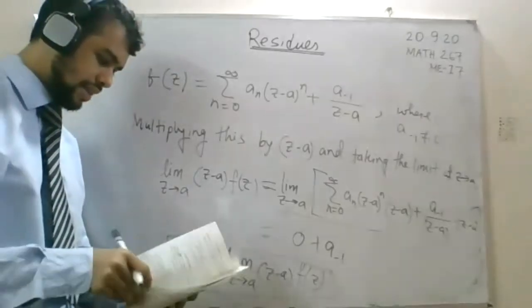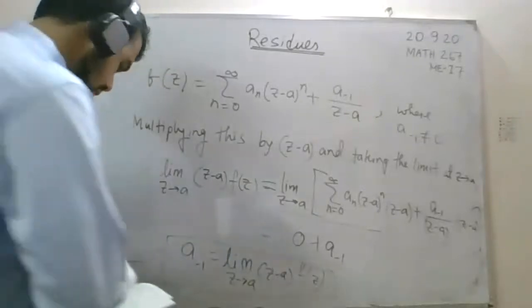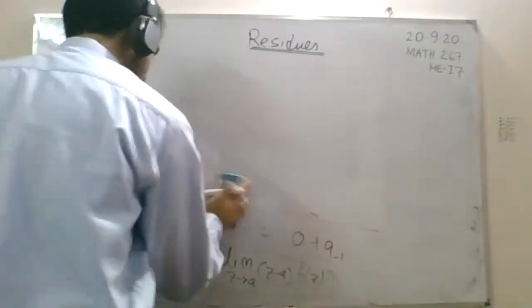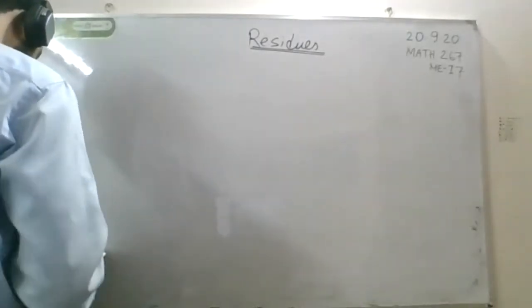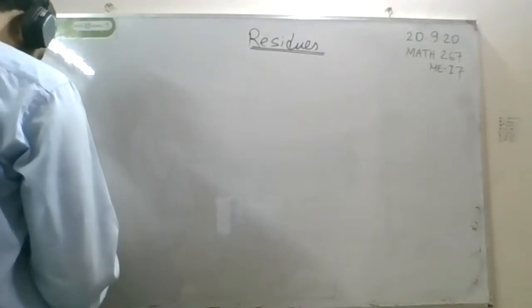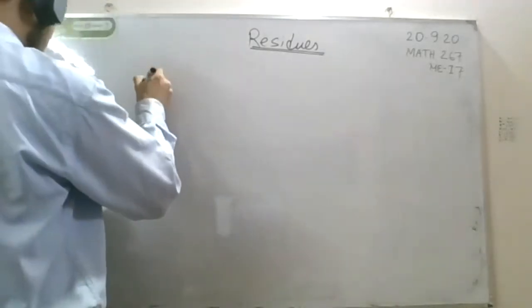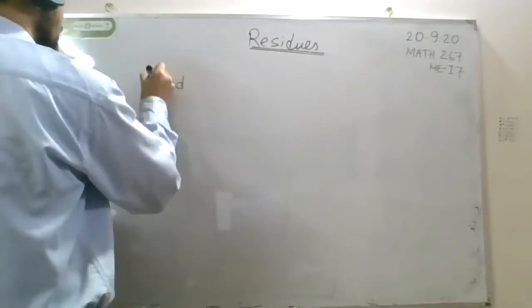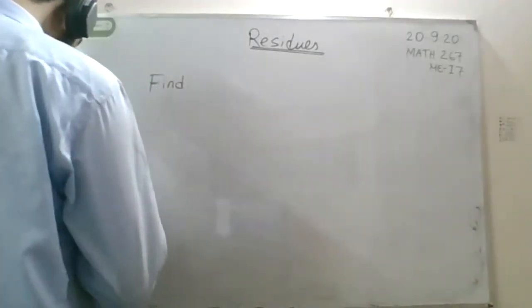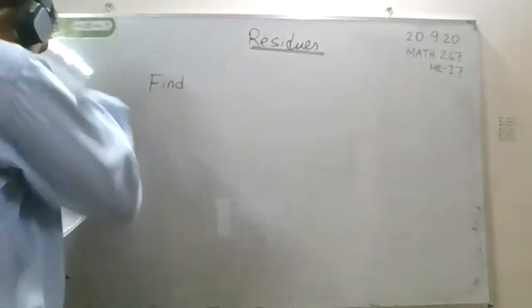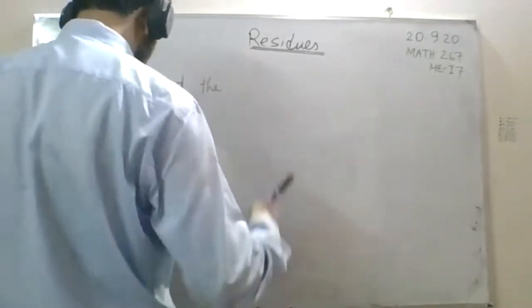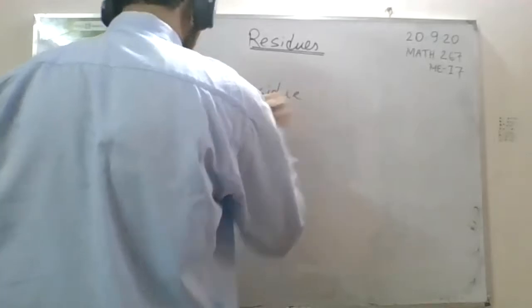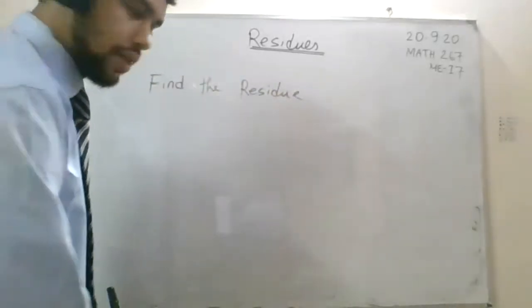Now I show you an example. So here, just for simple pole, okay. Find the residue. Okay.